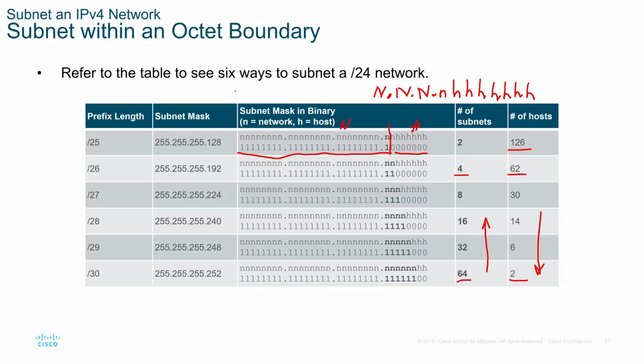There are many more Dunkin' Donuts than there are Home Depots. But the Dunkin' Donuts need much fewer addresses, whereas a Home Depot needs many more addresses for cash registers, computers, and other devices. But because there's not as many Home Depots, they need fewer networks.